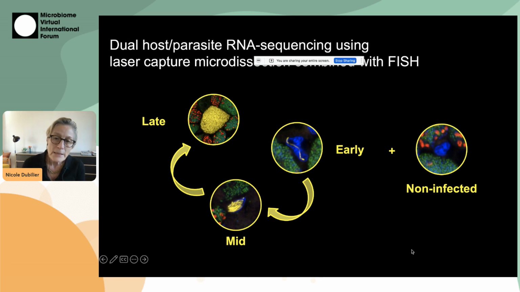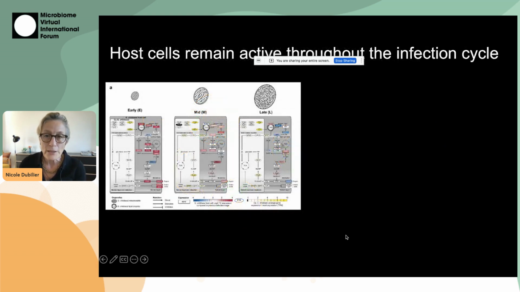So what Miguel did was use laser dissection microscopy to look at non-infected nuclei of the mussel, then at early, mid, and late infection stages, to get a better idea about their metabolism during the infection, using transcriptomics to analyze expressed genes.